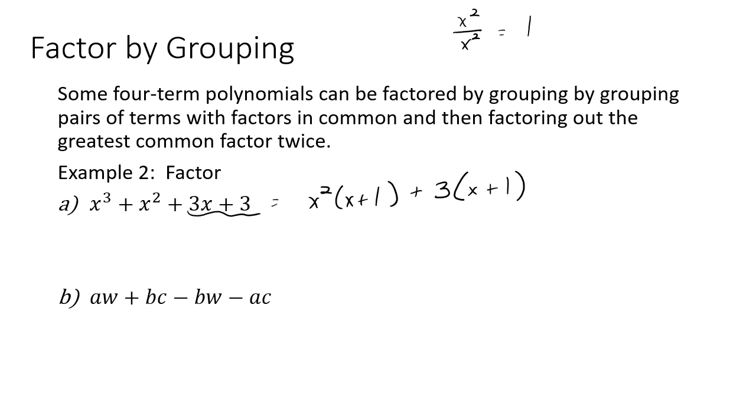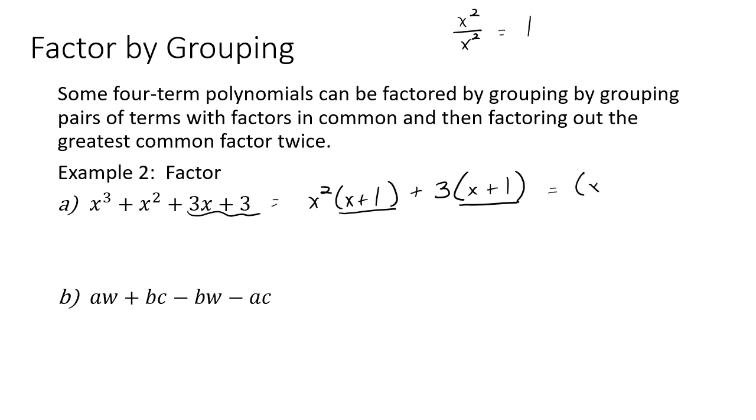Now the idea between factor by grouping is that if you perform this process and then you see you ended up with the same thing in both parts, you can do the greatest common factor method again. Now we have a 2-term polynomial, and both of these have a common factor of this x plus 1 in parentheses.